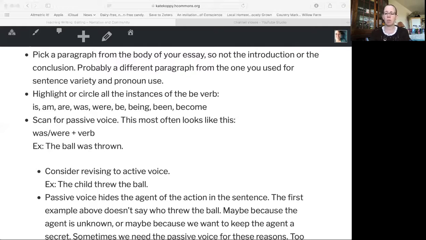As I look at them, this one, it is not a viable. Thinking back to our video on pronoun use, this one is probably a sentence that I need to consider revising.